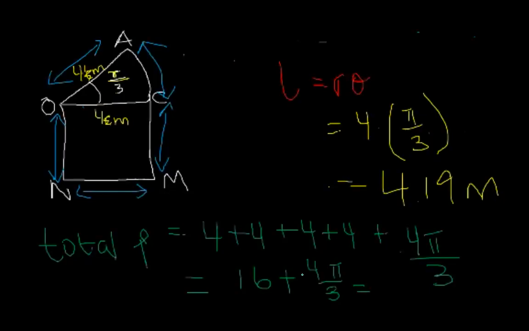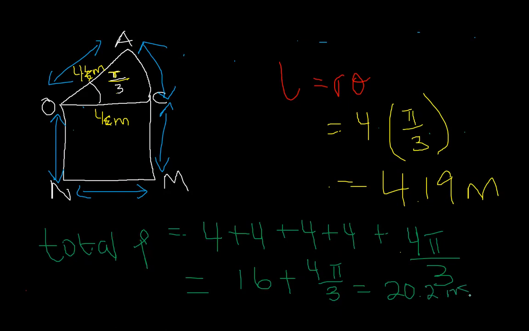So can anybody tell me what's 16 plus 4 pi on 3? Just put it into your calculator. What's the answer? Miss, I got 20.189. Yeah, on your calculator, 20.189. So I would just put like 20.2, or you could put 20 meters, right?